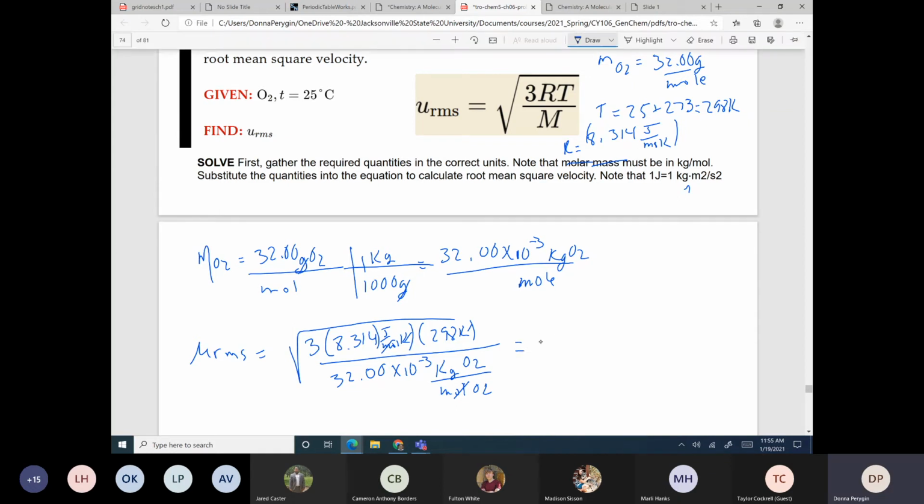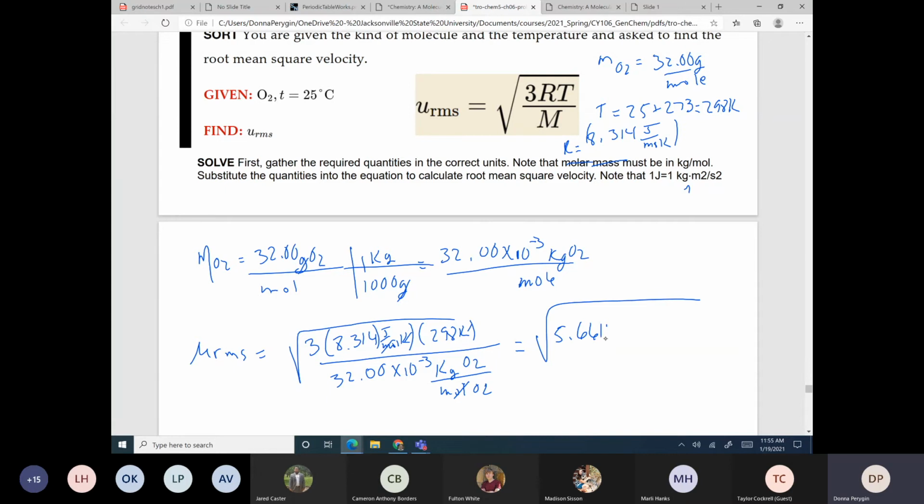And so that is equal to the square root of 5.66117 times 10 to the 4th, okay? And that would be equal to 238.